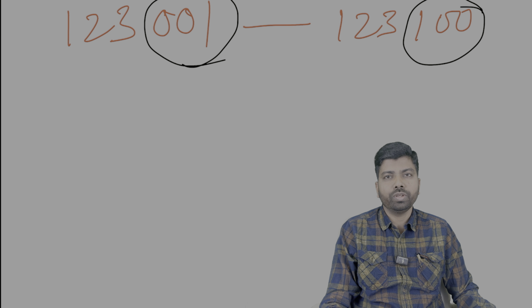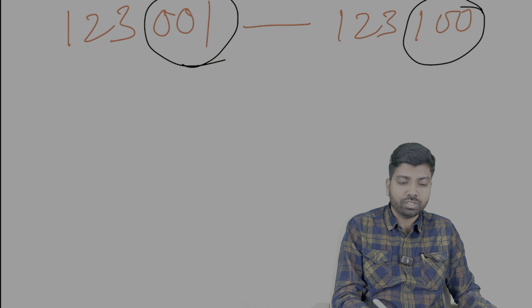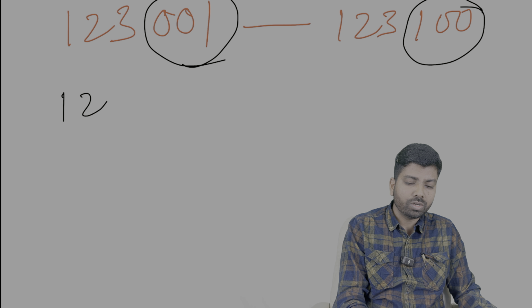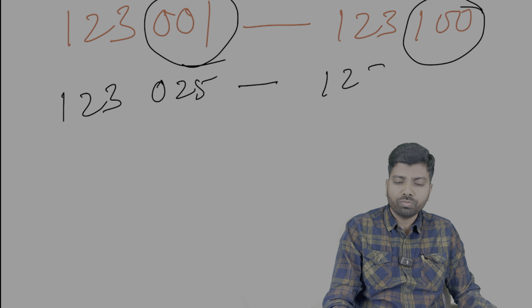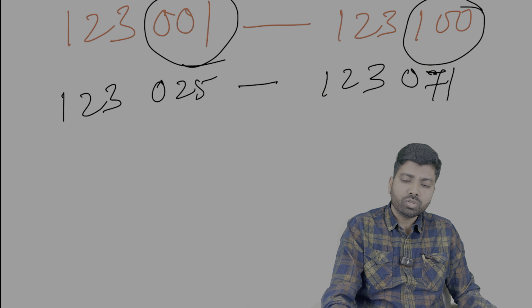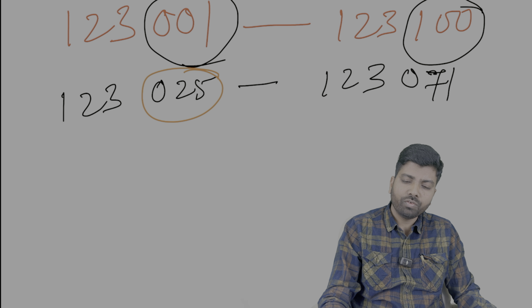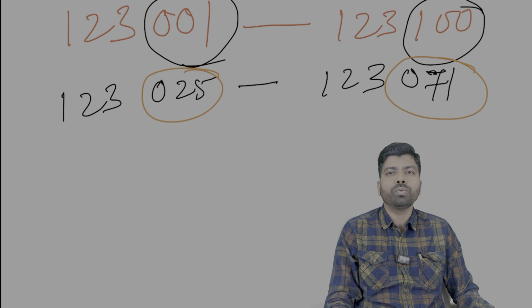This is 1 century. Sometimes in your examination you may not get this numbering. Your numbers may start from 1230025 and go up to 071. That is also 1 century.